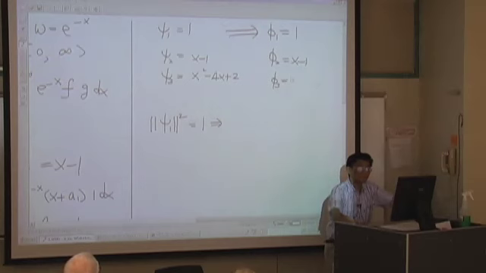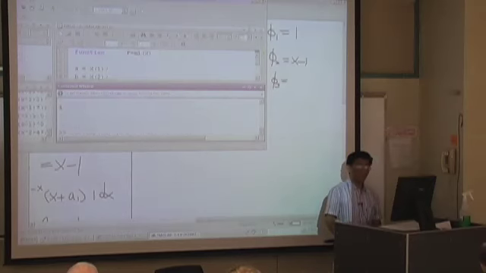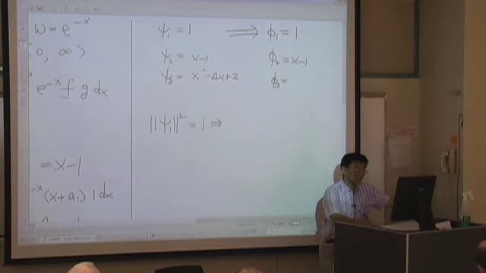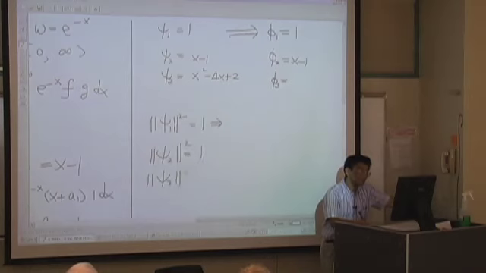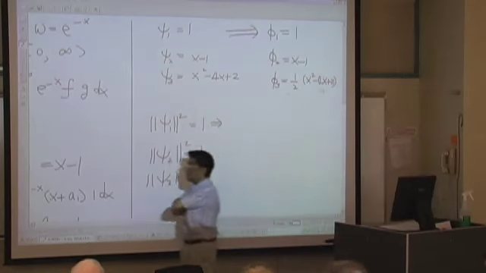Replacing it by x, the 4 x squared minus 4x, 4 times x, plus 2. Then 4, right? So it is 2, right? So you divide by 2. So you can determine P1, P2, P3.